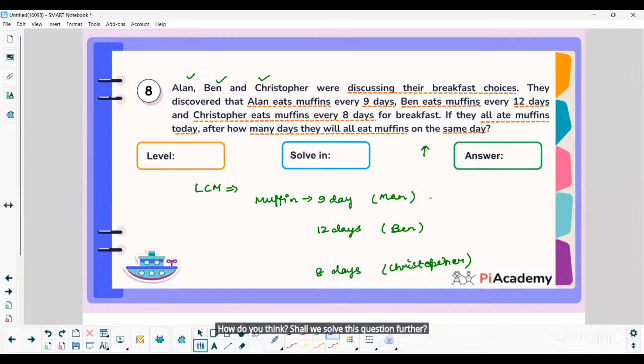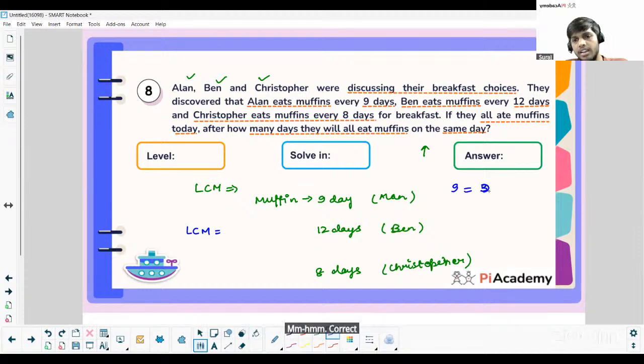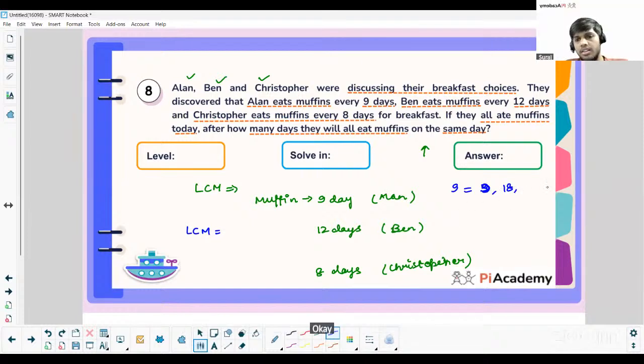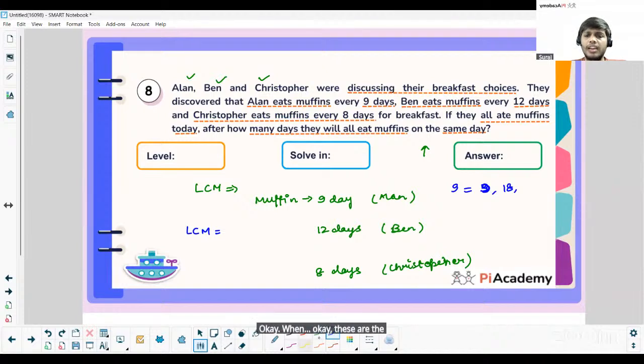So the lowest common multiple. 9 goes 9, 18. Correct. These are the multiples of 9, right?